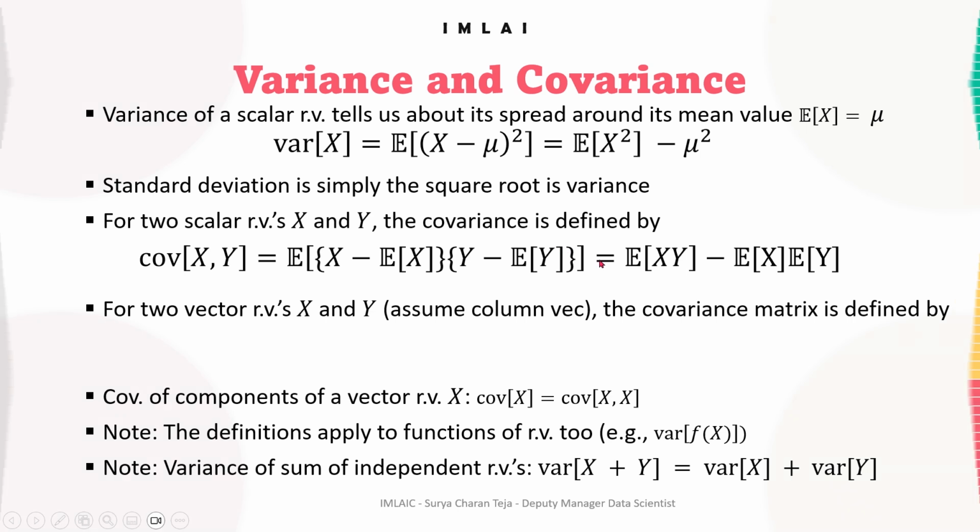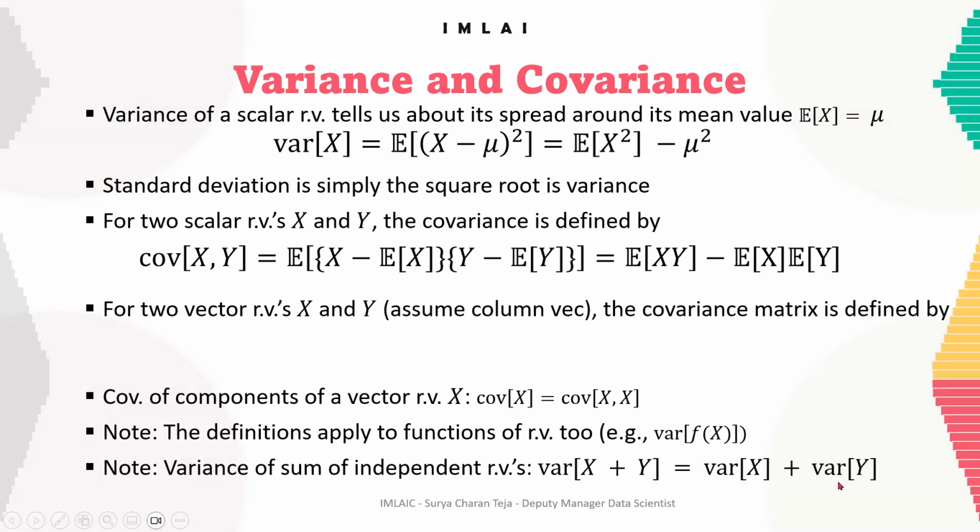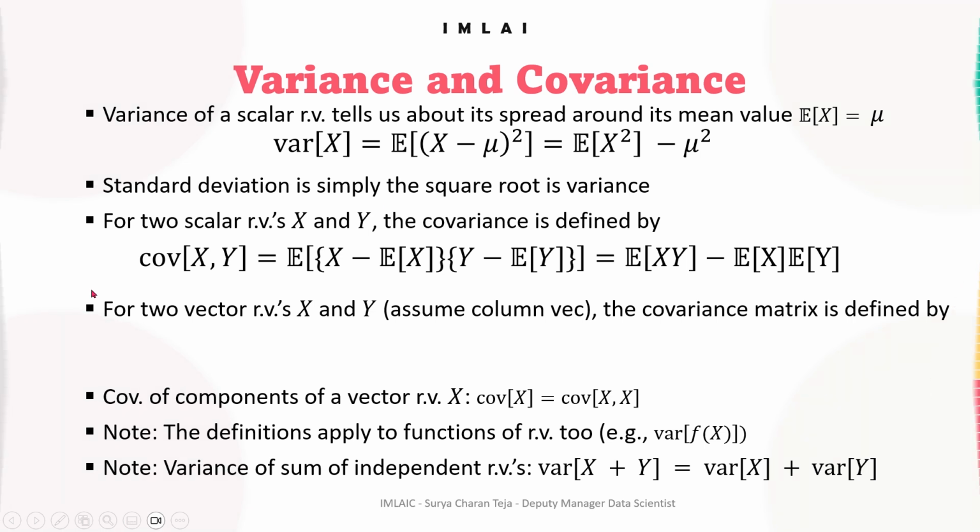This can be converted into the expectation of xy minus the expectation of x times the expectation of y. That's how we calculate the covariance.